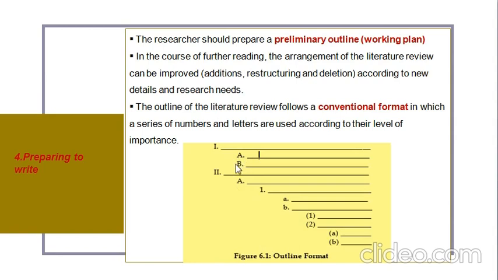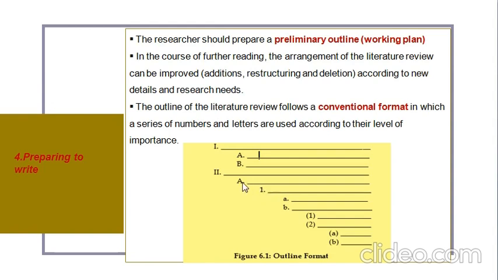When indenting A and B here in the same way, this means that A and B have the same degree of importance in this outline. Both of them are the subheadings, or they develop one. We see in the figure that number 1, Arabic numeral, is not indented in the same way as A. This means that it belongs to another level.